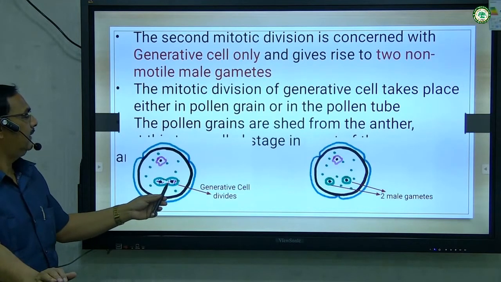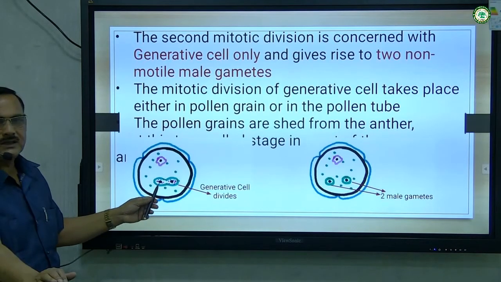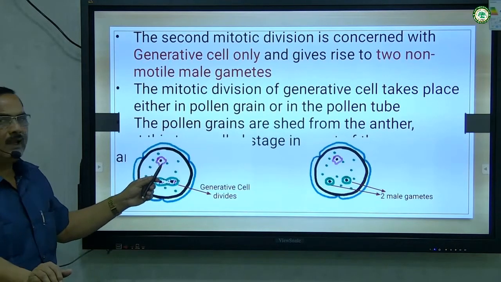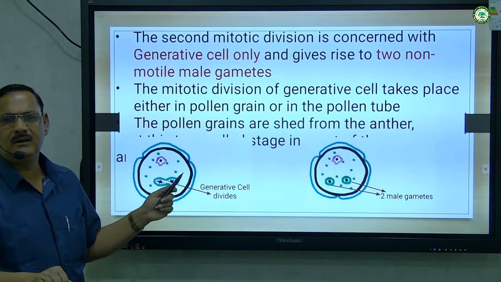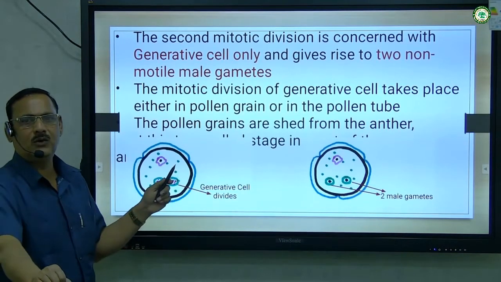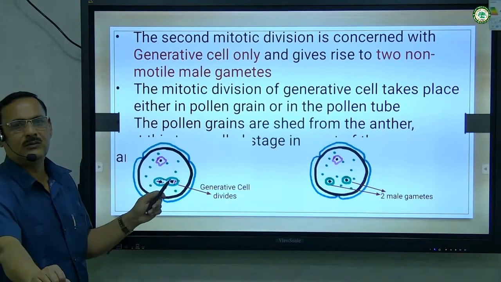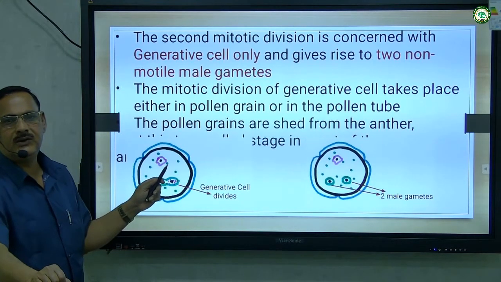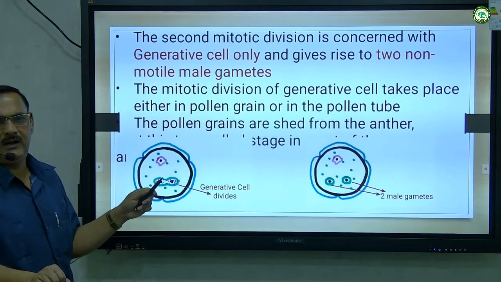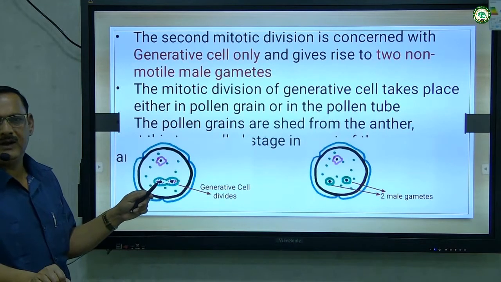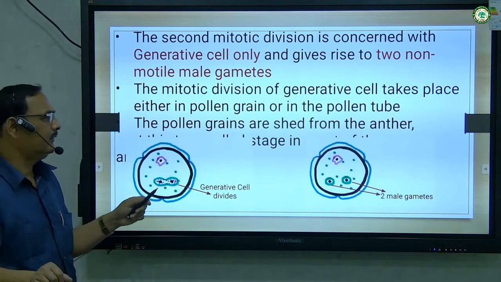So here you can see the second division of the generative nucleus in this figure. Then the mitotic division of the generative nucleus takes place either in the pollen grain or in the pollen tube. So the generative nucleus may enter the pollen tube and then divide, or the generative cell may divide within the pollen grain only.